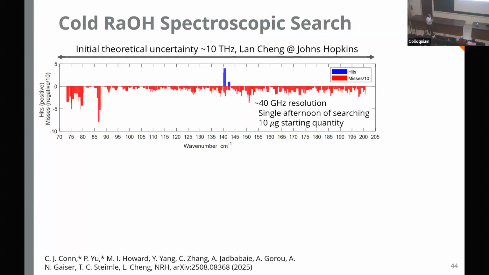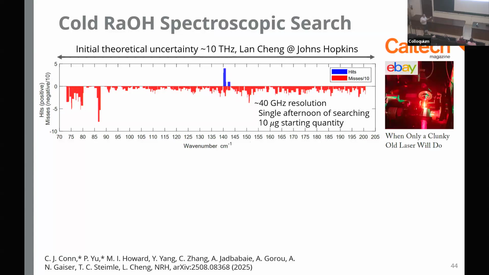We were able to find something that looked like a resonance. The key innovation to this was to use a piece of junk laser that we bought off of eBay, which was so terrible that Caltech magazine wrote an article about it. So you can read this article if you want to learn more about how we did this.